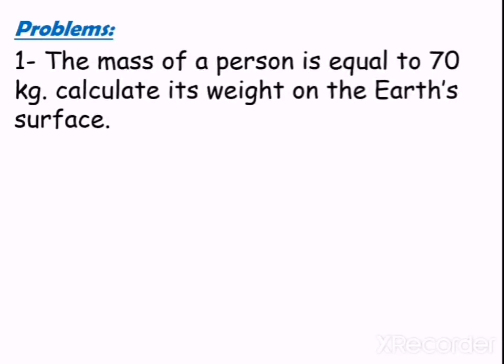So, problem number 1. The mass of a person is equal to 70 kilograms. Calculate its weight on the Earth's surface.